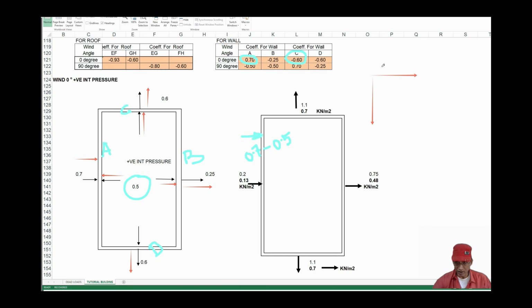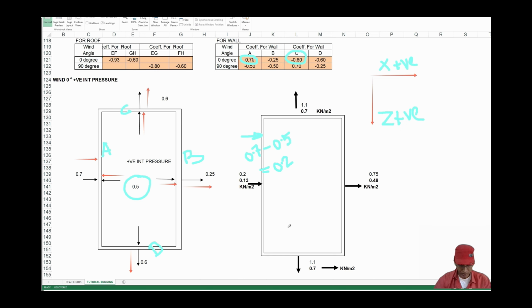So we are considering x positive as this direction and z positive in this direction. So 0.7 is positive, 0.5 is opposite to x direction, so minus 0.5. So the effective pressure coefficient on wall A in the direction of x is 0.2.